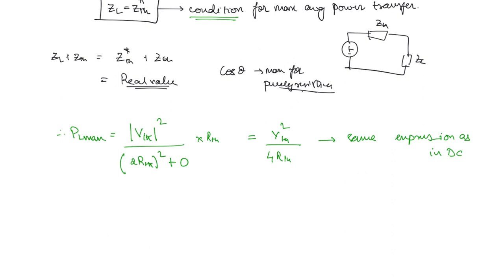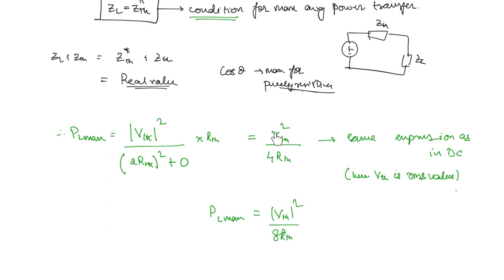So you can see that this is the same expression that we got in DC. Okay. But remember, here we are taking the RMS values. Here VTH is the RMS value. If you take the maximum value, then what will happen? You can write PL max is equal to VTH square divided by 8RTH.